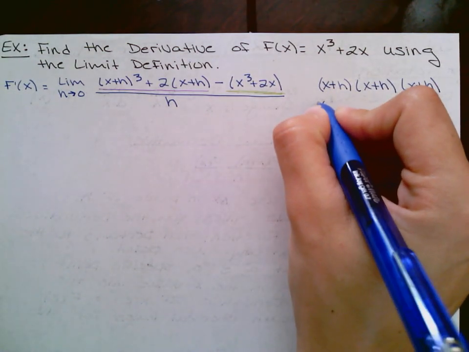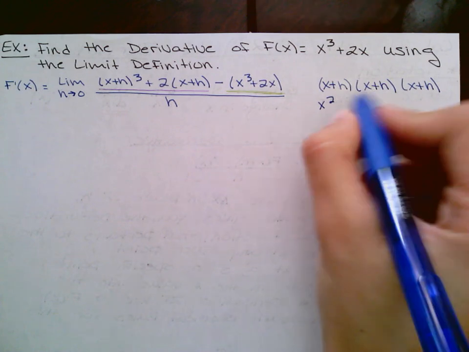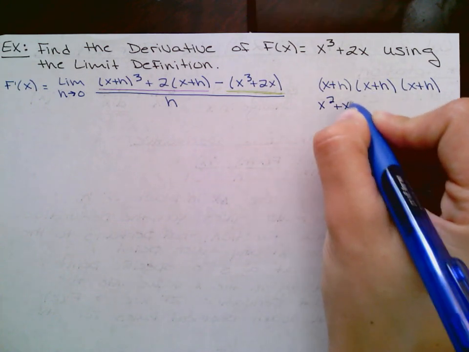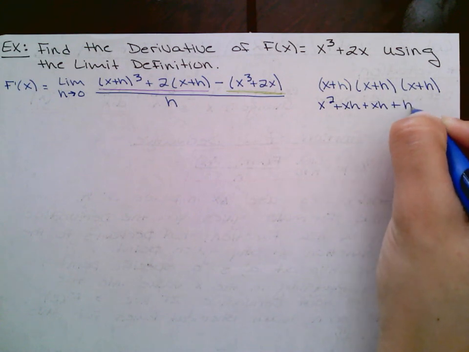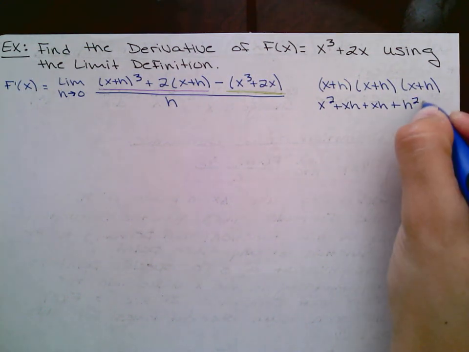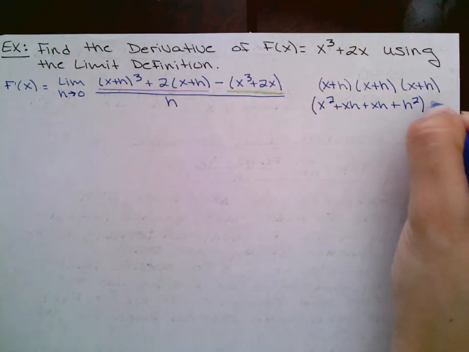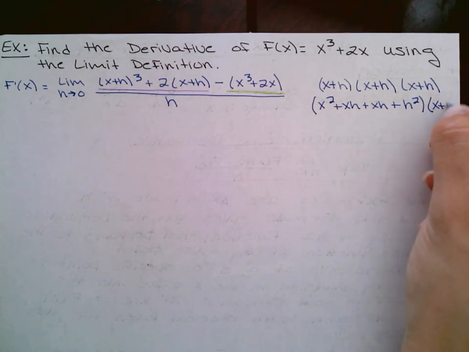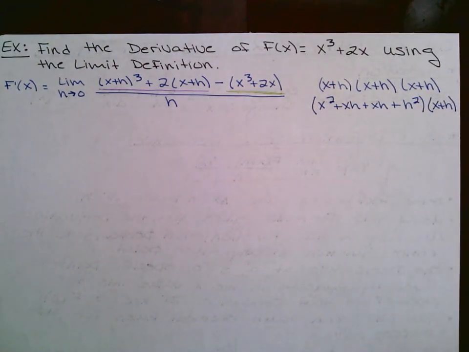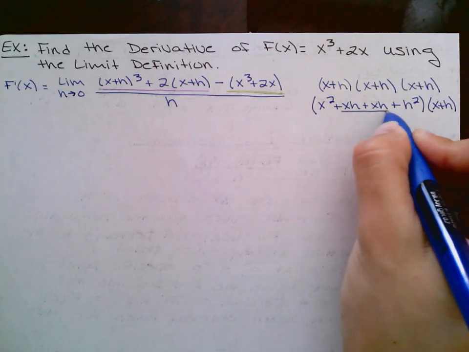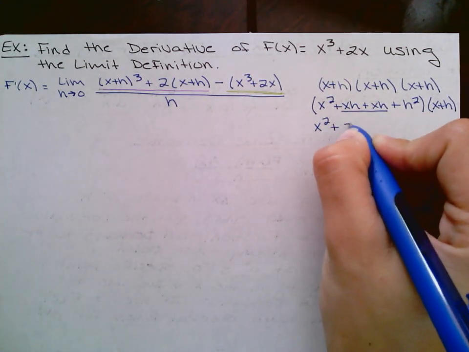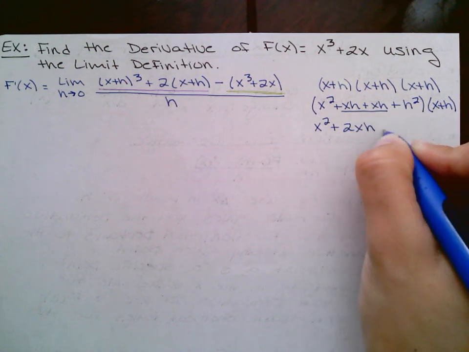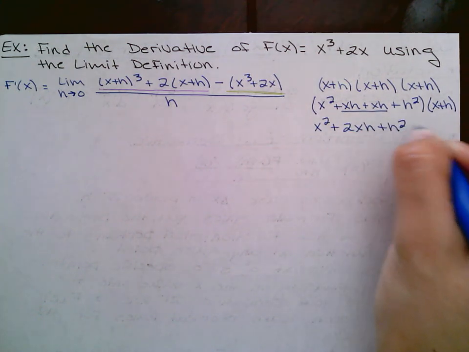X times x, x squared, x times h, another x times h, and then h times h. Okay? This is going to get multiplied with the last x plus h. I am going to combine these two to say x squared plus 2xh plus h squared.